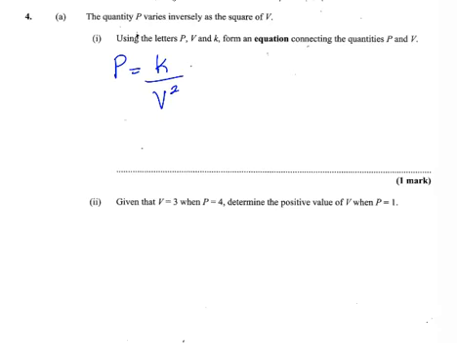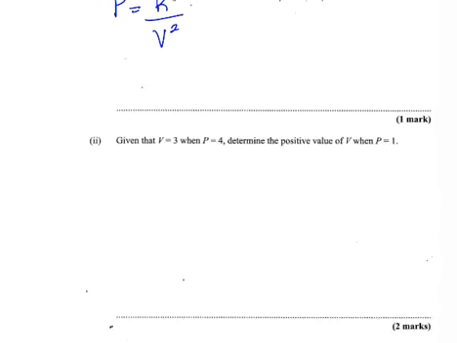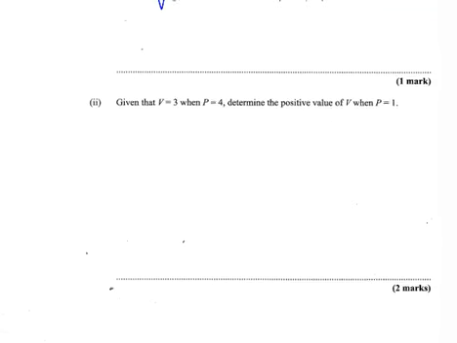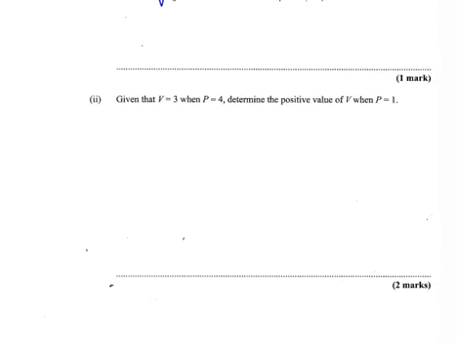So I can use that information to determine the value of K. When V is 3, P is 4. So I can have 4 is equal to K divided by V squared, which is 3 squared. So now I have 4 is equal to K over 9.